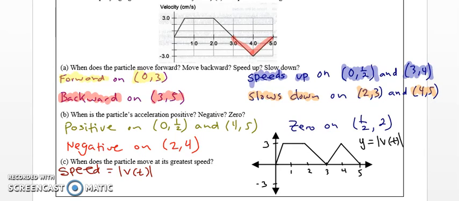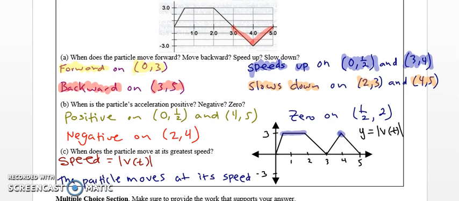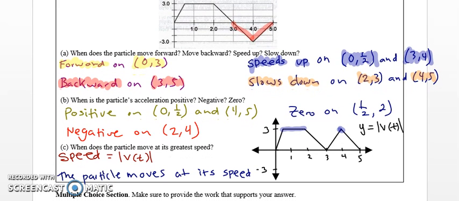And you notice that the particle moves at its greatest speed on this interval and at that point there. So the particle moves at its greatest speed on the interval 1/2 to 2 and when t equals 4.